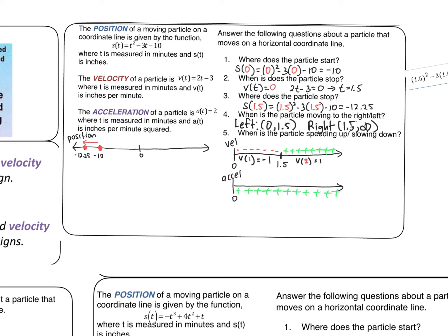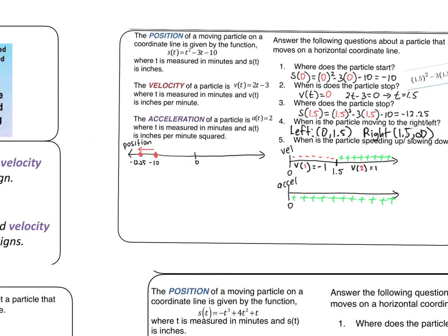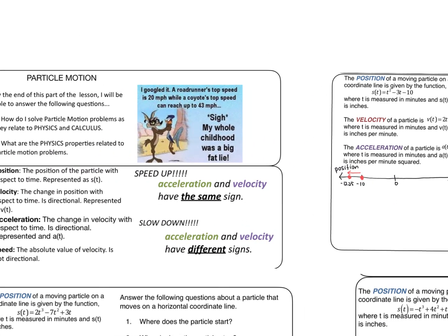So, to find out where the particle is speeding up or slowing down, let's review what we know from before. If it's speeding up, acceleration and velocity have the same sign. If it's slowing down, acceleration and velocity have different signs.